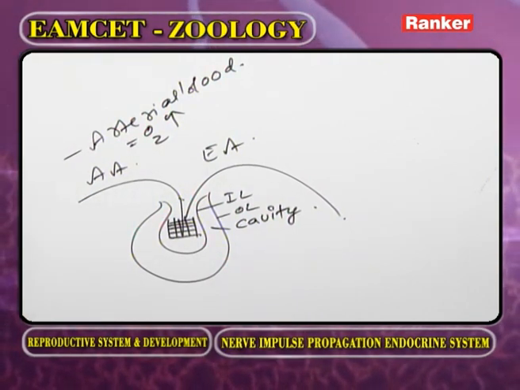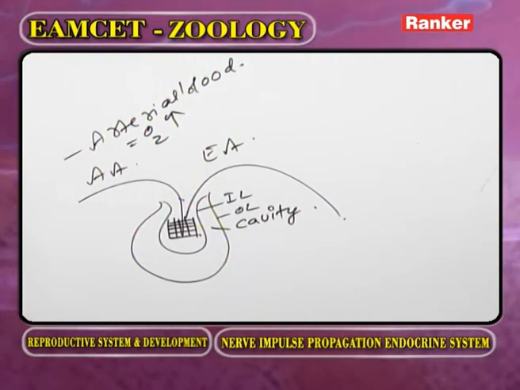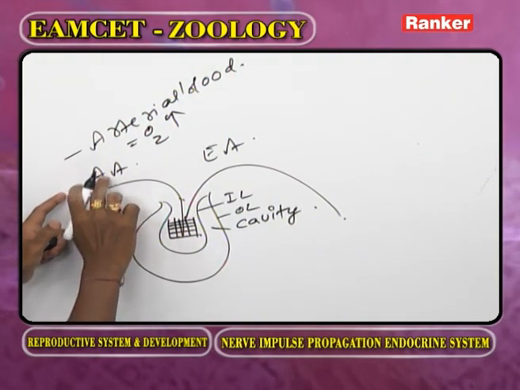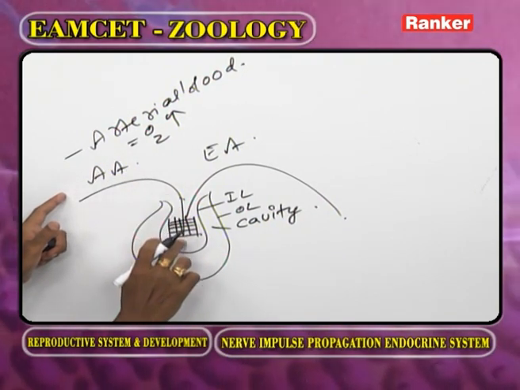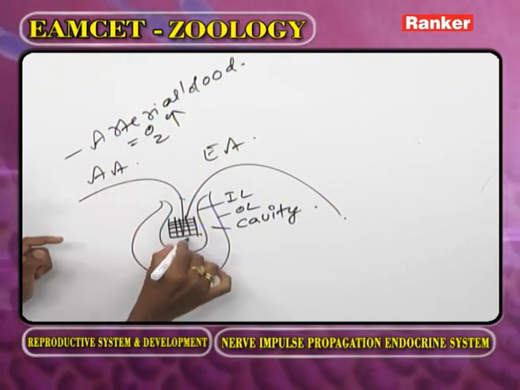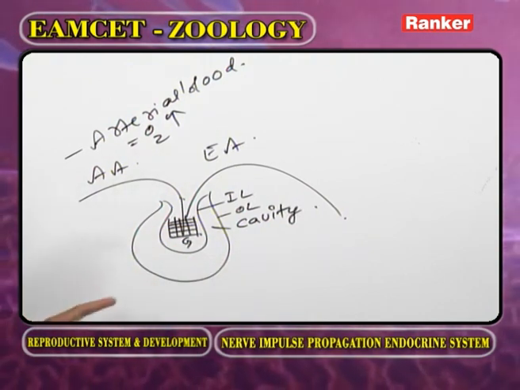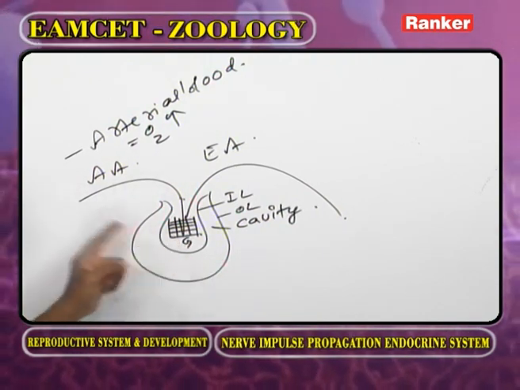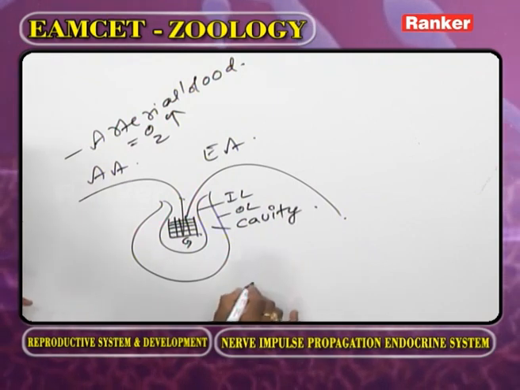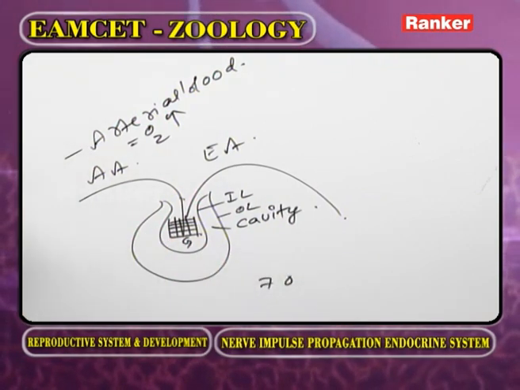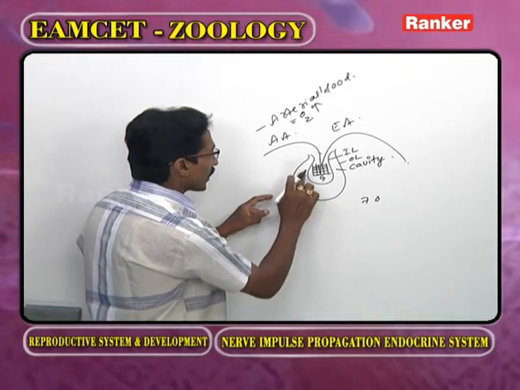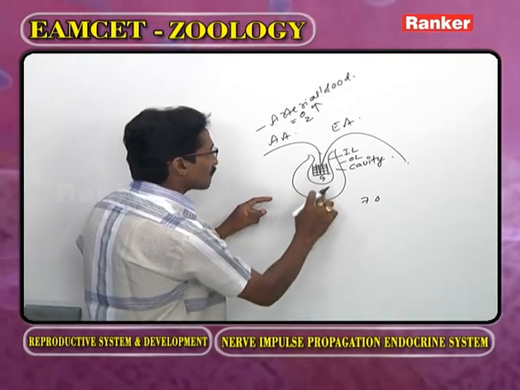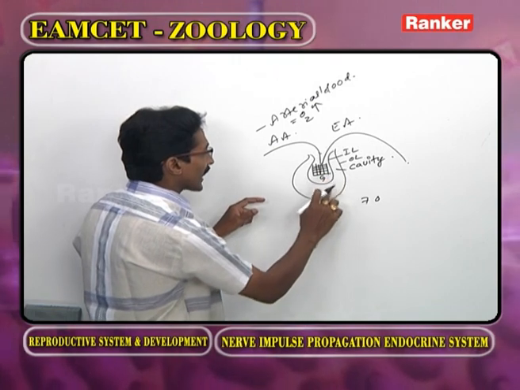Now regarding list 1, glomerular hydrostatic pressure: with the help of the afferent arteriole, the oxygenated blood reaches the glomerulus. Now in the glomerulus, what is the hydrostatic pressure? That is 70 mmHg.